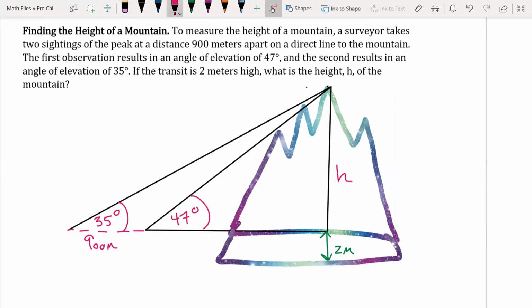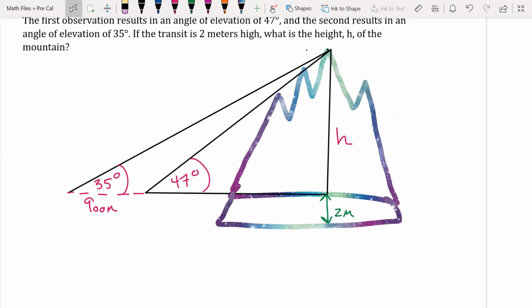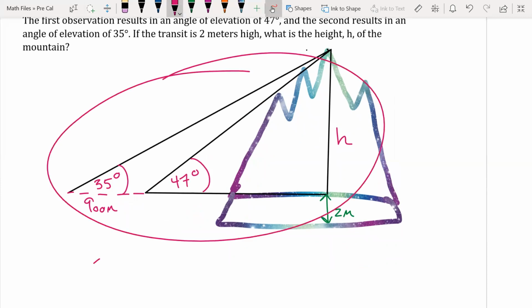Okay, so the way to do that is we can see that we clearly have 2 triangles, but we can use the sine function to help us with this. But we'll have to get there because we could say, if you look at the bigger triangle, the sine of 35 degrees will be equal to opposite over the hypotenuse.